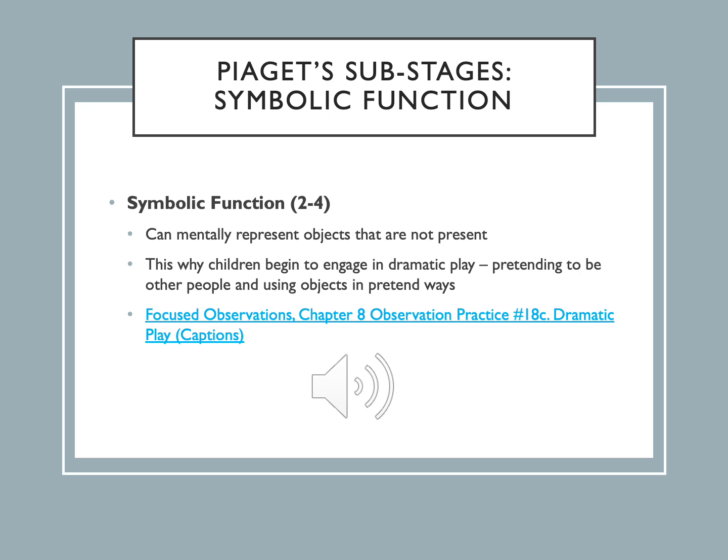So you'll notice that I've included a focused observation here of preschool age children where they're in the dramatic play area, and so you can watch in the video to see how they are pretending to interact with the aspects of the caregiving for a baby doll, and they are able to have representation of objects that are not present, and so they are using symbolic thought as well as a combination of their imaginations and language, and so they're thinking about things in symbols that aren't necessarily there. And so this is a primary way that we can connect symbolic function, is when we're observing children in the dramatic play area.